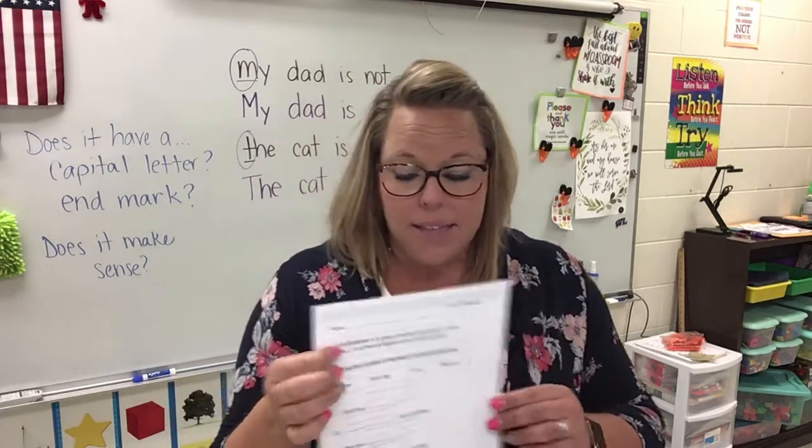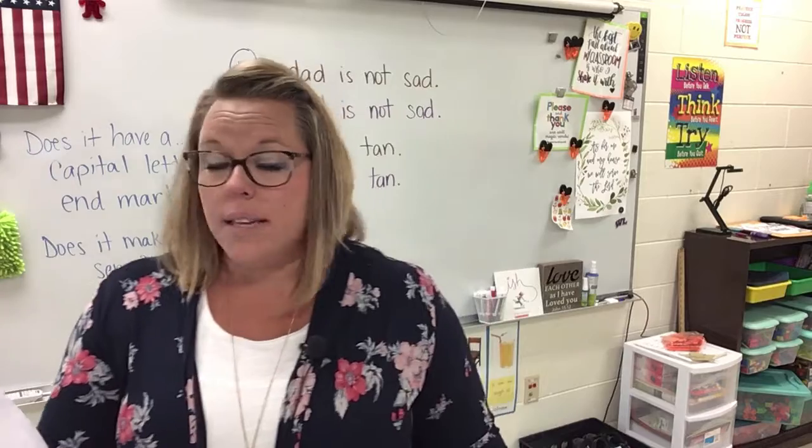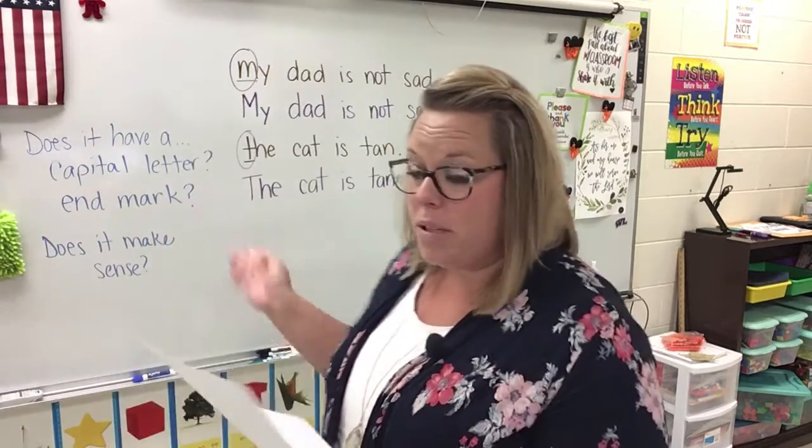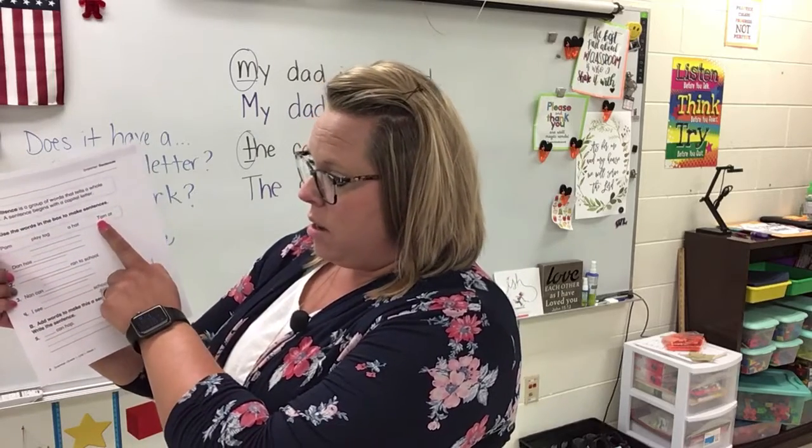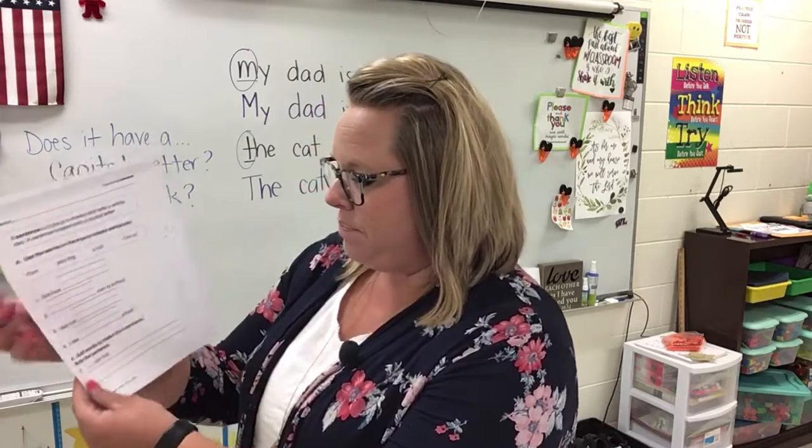Now, it says that a sentence is a group of words that tells a whole idea, right? That's what we've been talking about. A sentence begins with a capital letter. So, today what you are going to do is you're going to use the words in the box to make sentences. So, let's read those words together, and then I'm going to let you get to work. Pam, play tag, a hat, Tam, at.